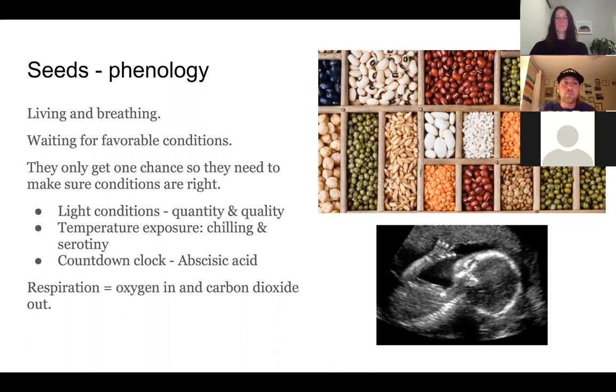So we're going to pick it up with seeds because that was the last that we left off with. And so we don't have to spend too much time with this, because now we know that they are living and breathing, and they're in this kind of state of dormancy, just waiting, trying to hold on to as much of that energy as they can until they get those favorable conditions.